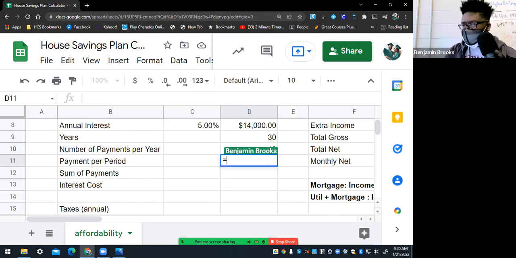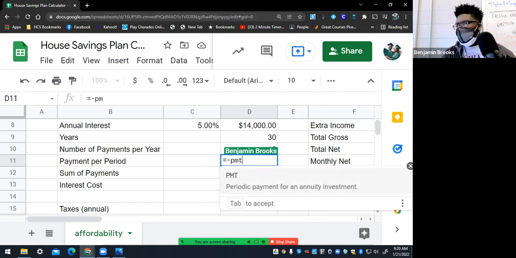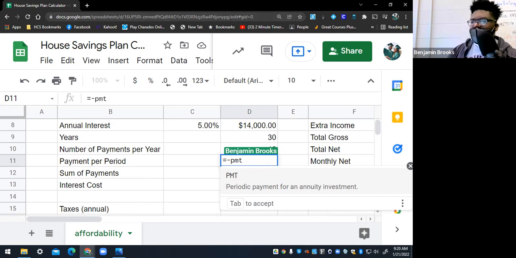So we're going to hit equals negative PMT. PMT stands for periodic payment for an annuity investment. Okay. So it's periodic payment for an annuity investment.